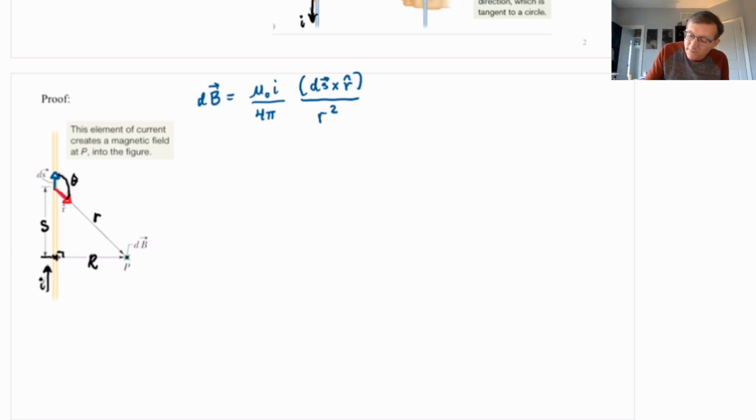And let's get the direction of dB first by getting the direction of that vector product, cross product, from the right-hand rule.